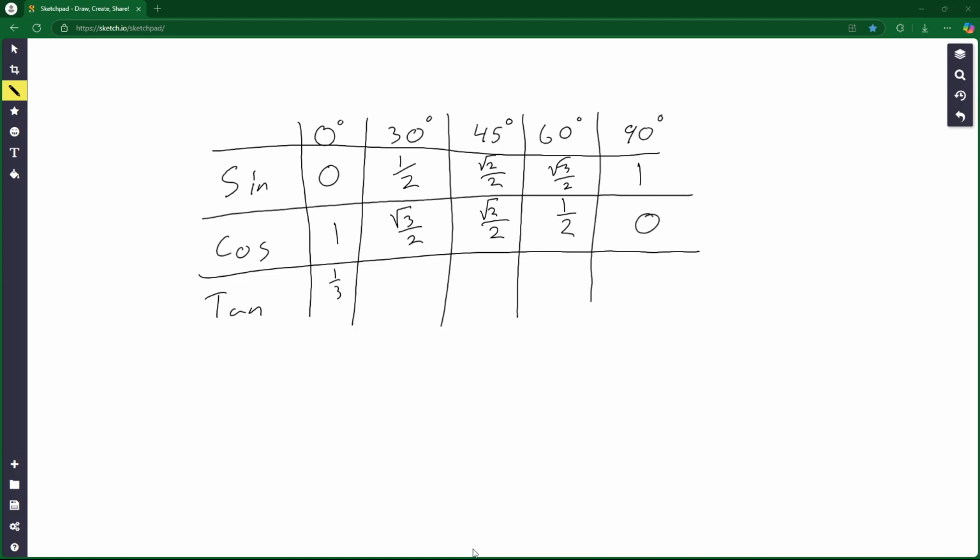So, is that right? Yeah, okay, I was right. It is 0, root 3 over 3, 1, root 3.